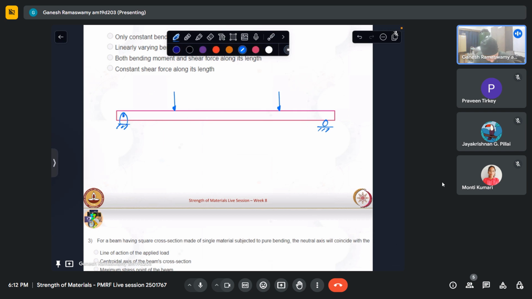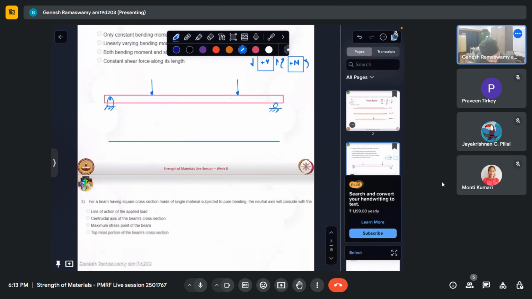So we know, let me draw one. And let this be the bending moment sign convention. I'll just add a page here.